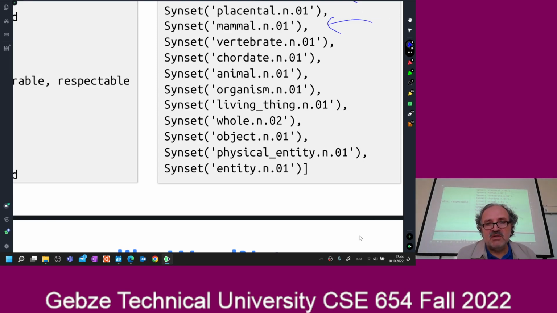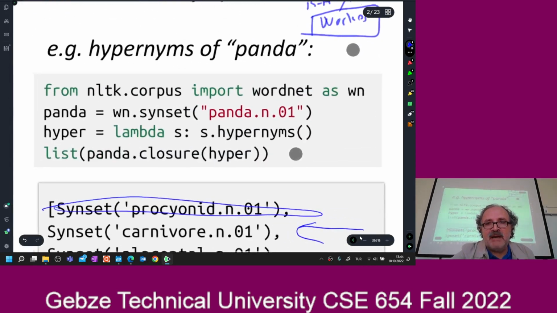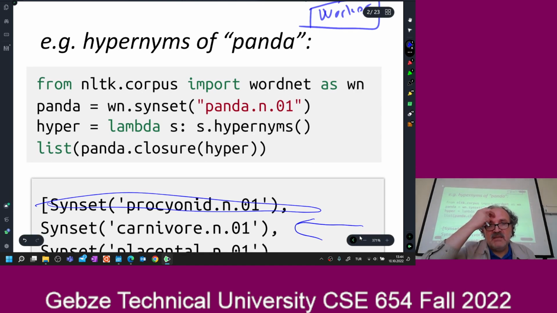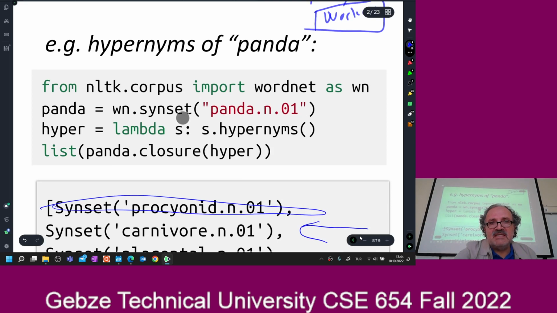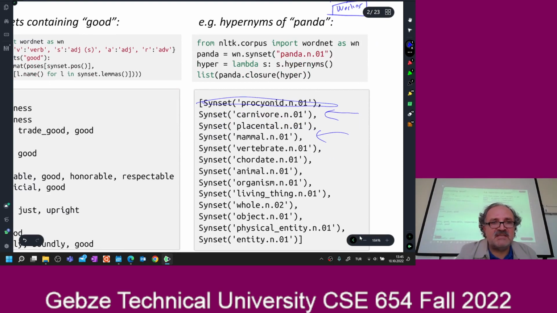All the words are entities in this world. This is a real Python piece of code. I imported wordnet as wn, and I got the synset for panda, and I asked for its hypernyms, and it gives me this.